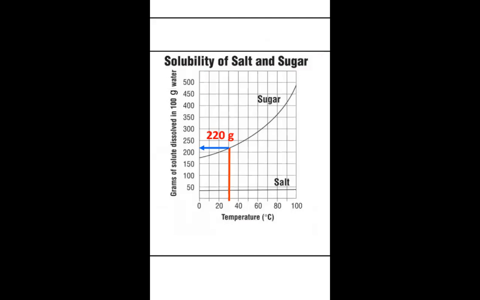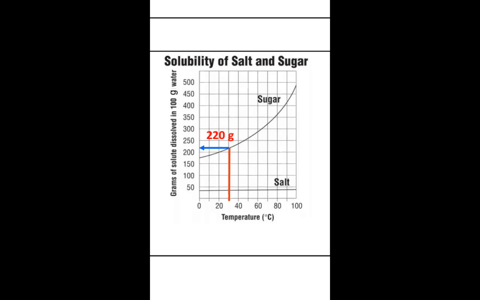So at 30 degrees Celsius, you move up until you get to the curve, and then you trace the line, you can see the blue line pointing to the y-axis, where we have maybe 220 or 230 thereabouts. But it is 220 grams according to what we have here on the graph.